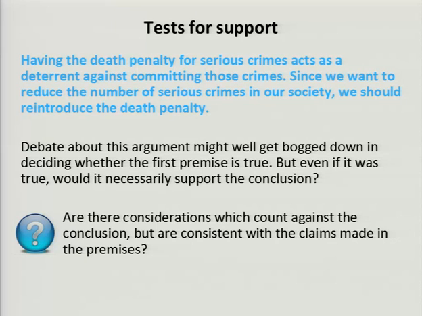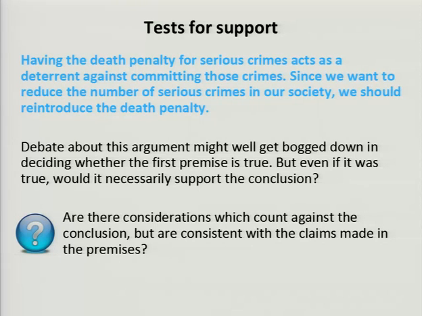Or does this force you, if you accept that the first sentence is true, to believe the conclusion? We should reintroduce the death penalty. You could say having the death penalty lessens the value of life, so we shouldn't reintroduce it to society. So you could introduce something like a general principle.